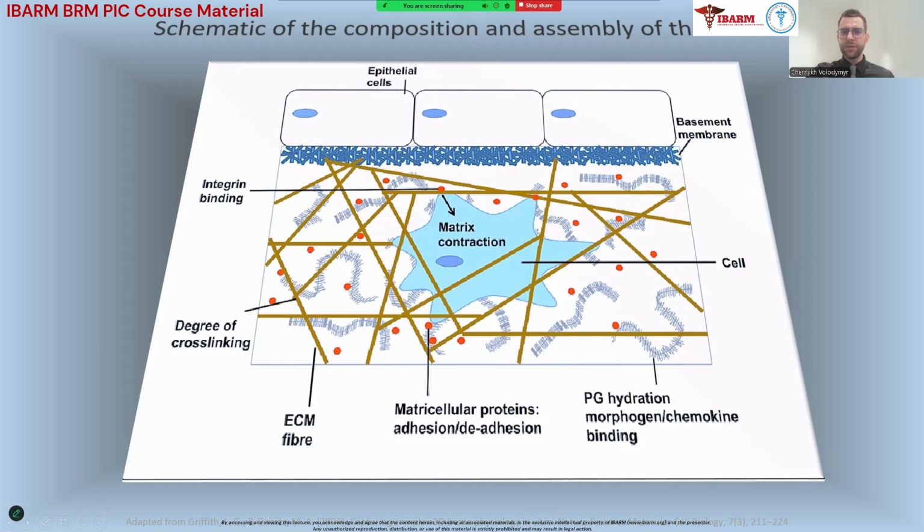The interstitial matrix is present in the spaces between cells in the connective tissue and between the parenchymal epithelium and underlying vascular and smooth muscle structures. It is synthesized by mesenchymal cells, for example fibroblasts, and forms a three-dimensional amorphous gel structure. The interstitial matrix surrounds cells and is mainly composed of collagen type 1, then elastin, and its third big component is fibronectin, which provides structural scaffolding for tissues.